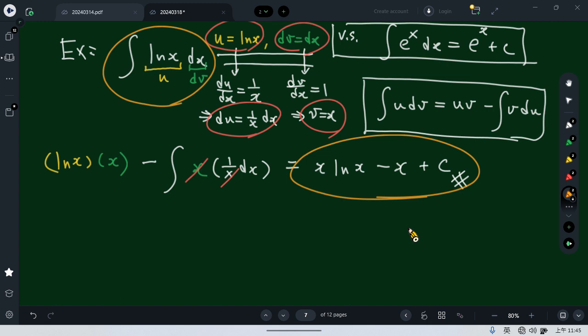Okay, so through this you can get the integration result for ln x. But if you do not apply the integration by parts technique to this problem, actually you cannot get the result, right? Okay, this is the second one.